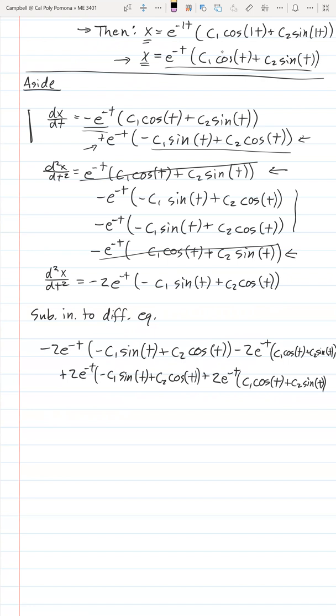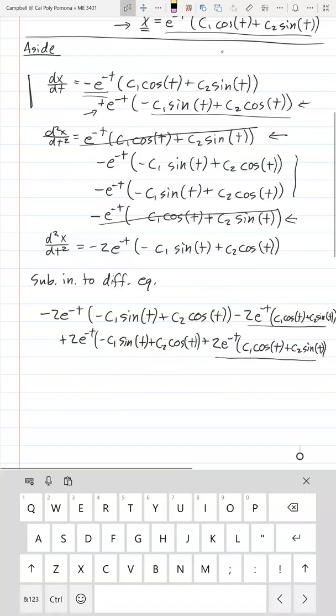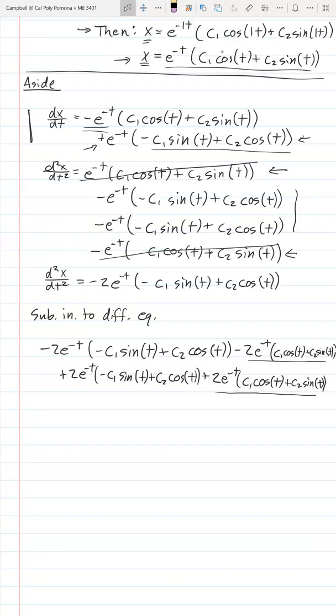And so we can clearly see that this term is identical to this term, with the exception that they are of opposite signs, so this will cancel with that. And we can see the same thing: this term is exactly the same as this term with the exception of the sign. And so this term will cancel with this term. And, of course, that means that this whole thing is equal to 0, just as it had to be.